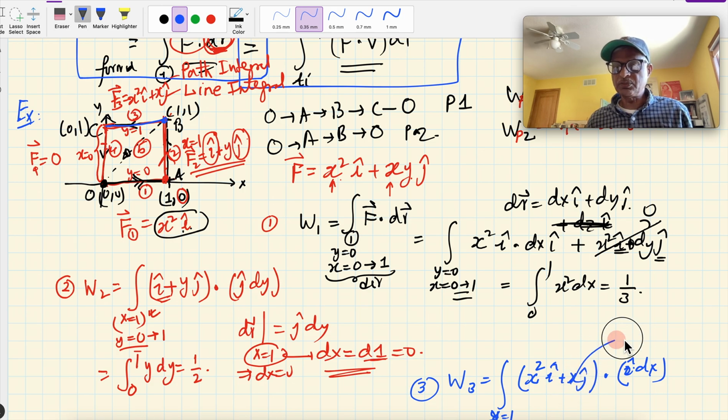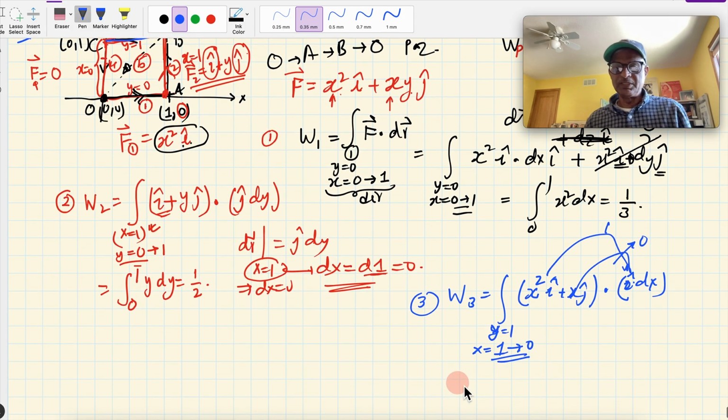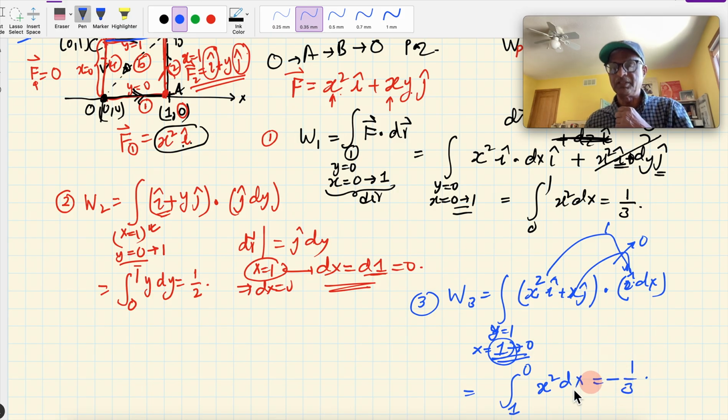So this with this will give me 0, and this with this gives me 1. So this just becomes, going from 1 to 0, x squared dx, which should be minus 1/3.